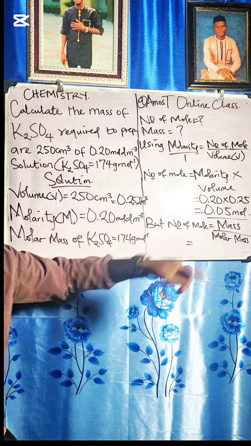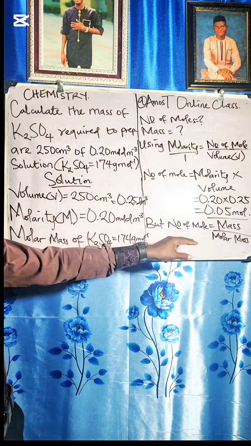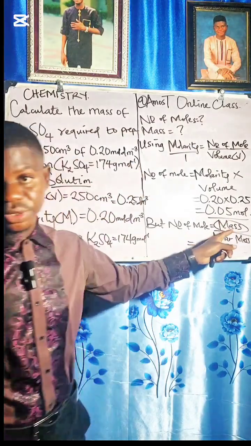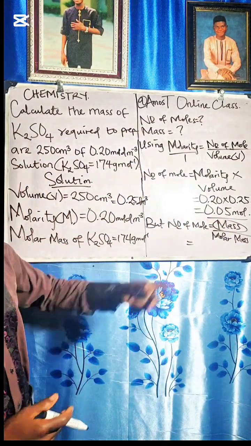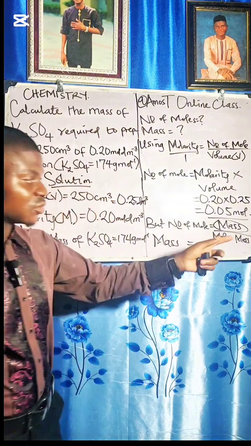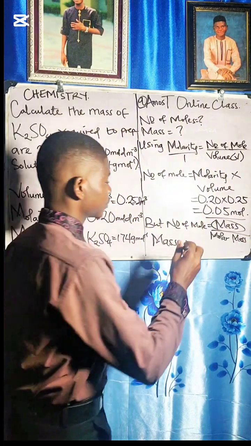How do we find the mass? We still want to cross multiply this equation. Once we cross multiply, the mass, which is what we're looking for, will be equal to the number of moles multiplied by the molar mass.